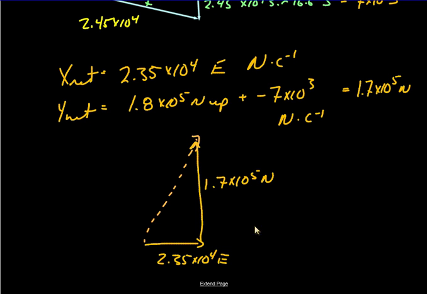So do Pythagorean theorem here, find an angle, and we're done. 1.7 times 10 to the 5 newtons per coulomb. And then the angle theta should be equal to the inverse tan of that over that.